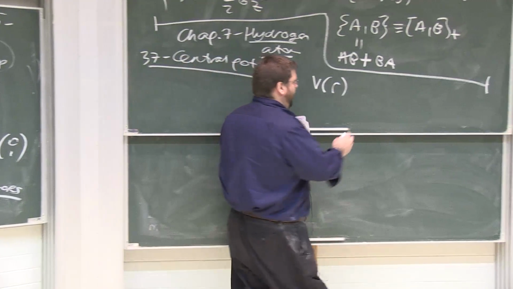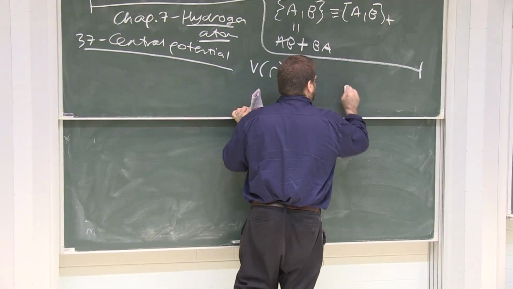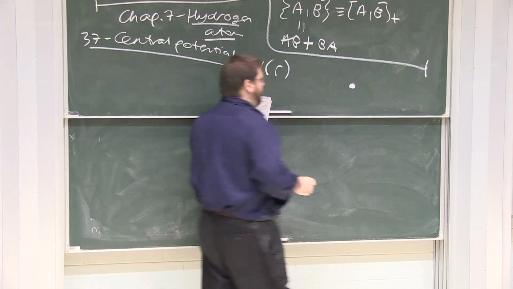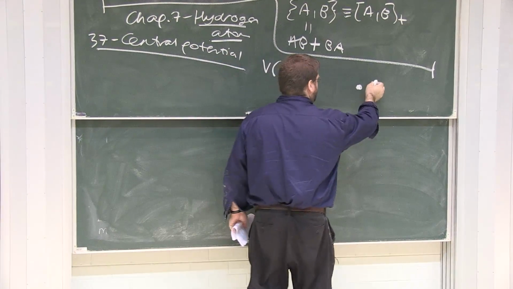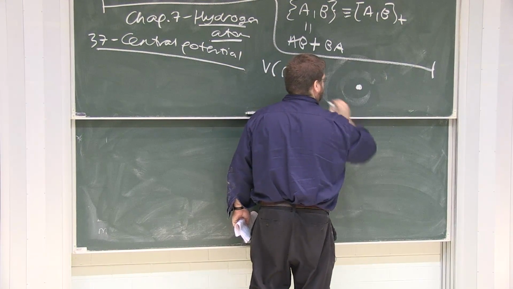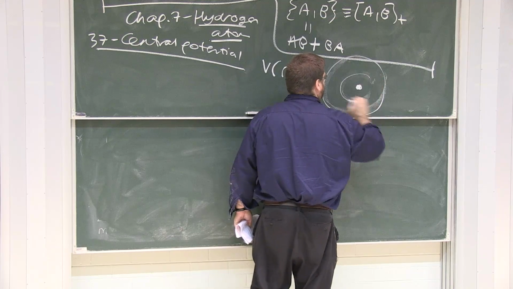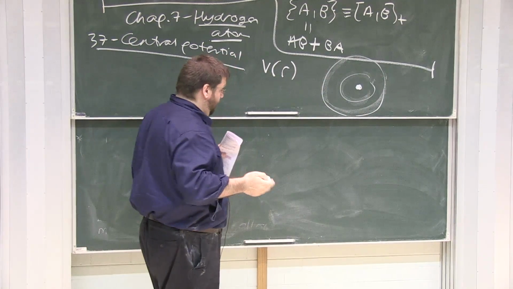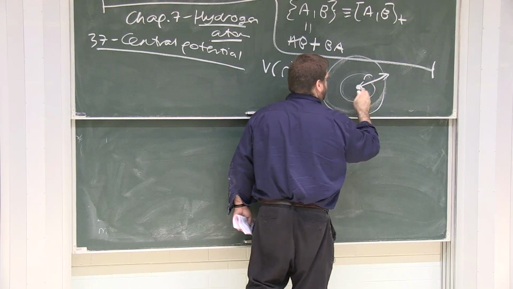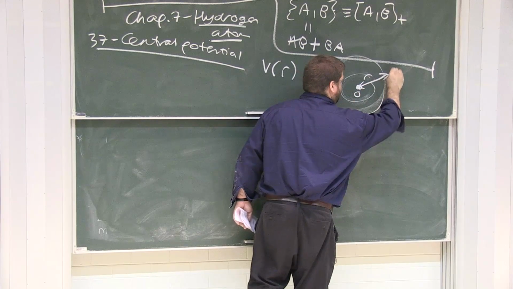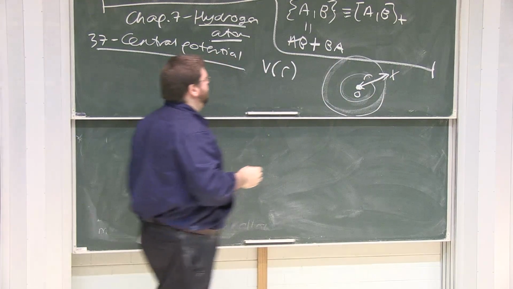I'm going to assume, by the way, an implicit assumption here, which is that the nucleus is immobile, that the source of the potential more generally is immobile, and it creates some potential that is a function purely of radial distance r from the origin, where the immobile potential is, to some particular point x.